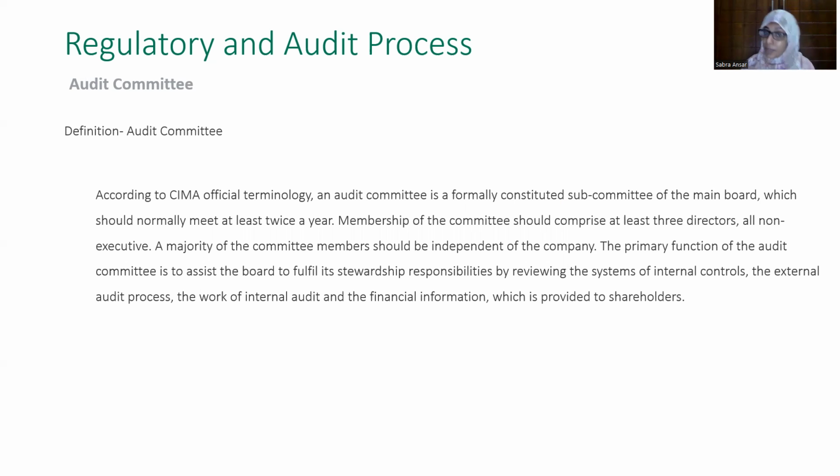There would be a membership committee with at least 3 directors and independent members, and also primary functions related to stewardship responsibilities, the external audit process, the work of internal audit, and the financial information provided to shareholders.